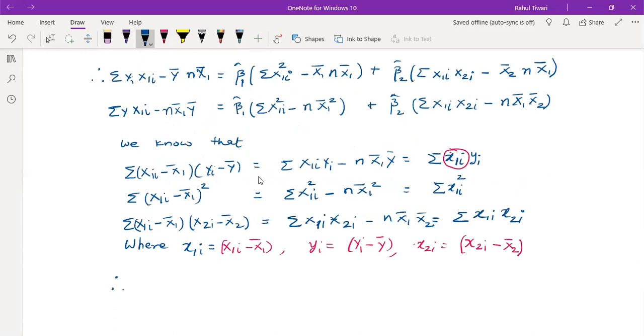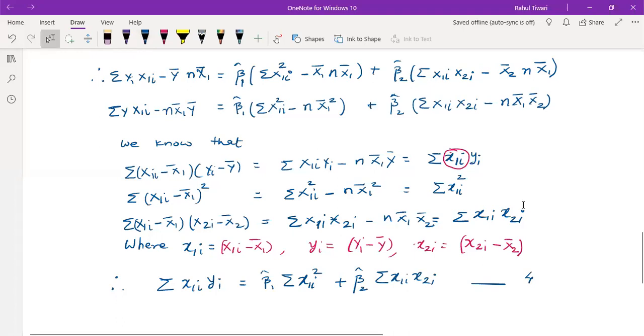So if I replace this quantity by this one, I may get summation x1i yi is equal to beta 1 hat summation x1i square, because this quantity is your second one, plus beta 2 hat summation x1i x2i. So this expression is equation 4.